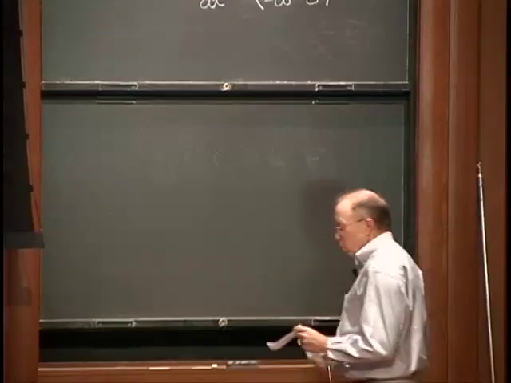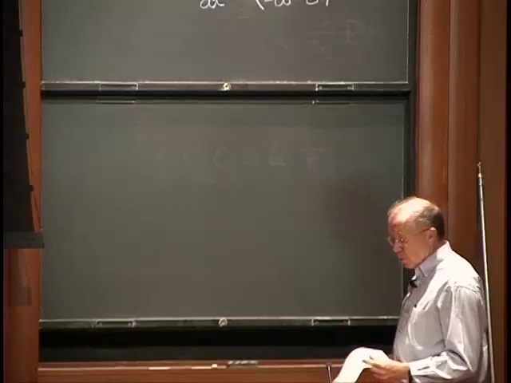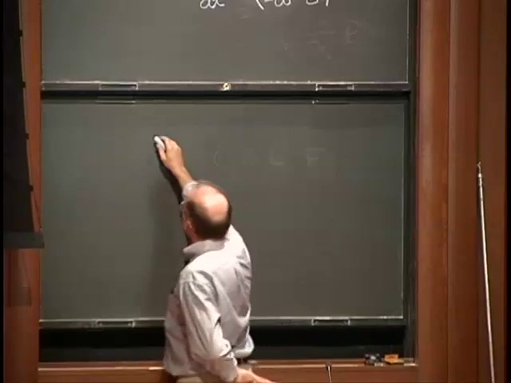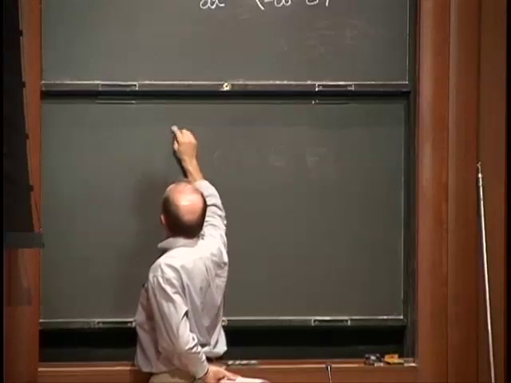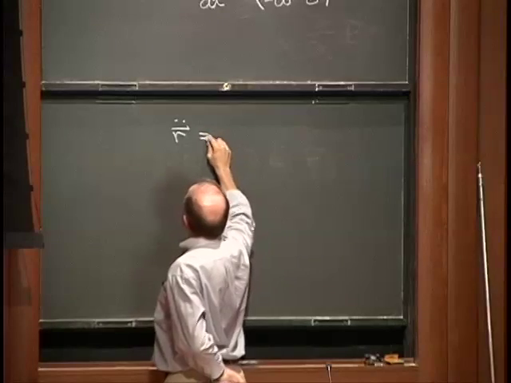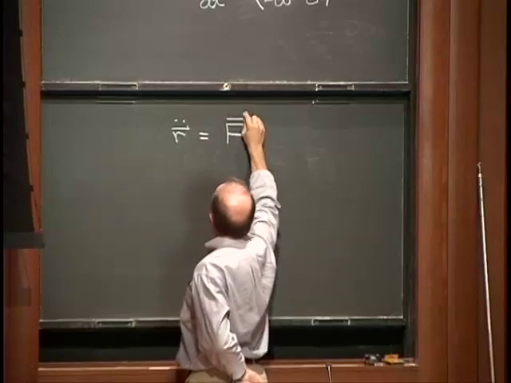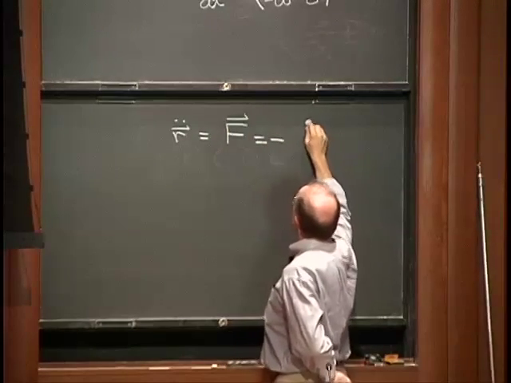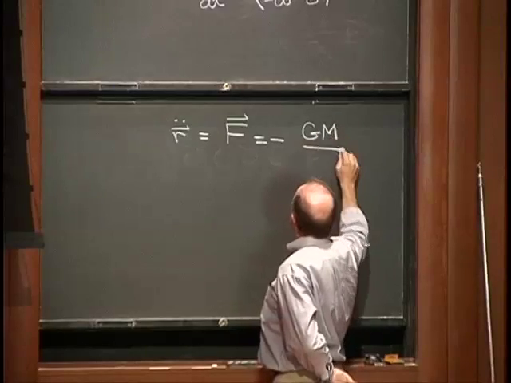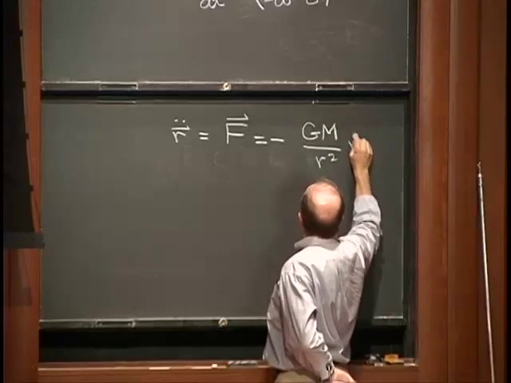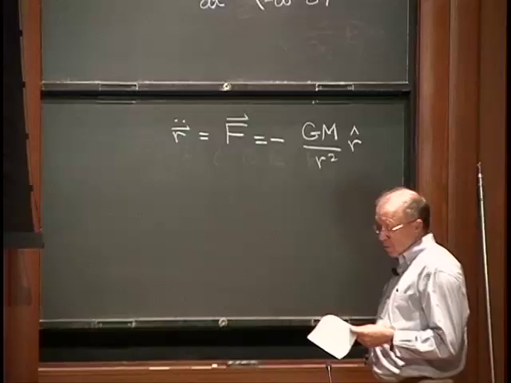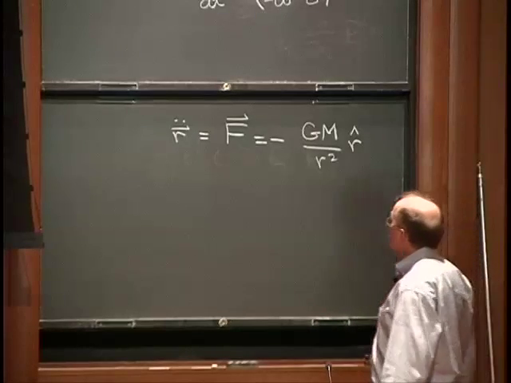analytically. Another one you can do analytically that's the basis for much of what I'll talk about is an orbit around a point mass. In this case, the acceleration is equal to a force, and the force is minus GM over r squared times the unit radius vector.